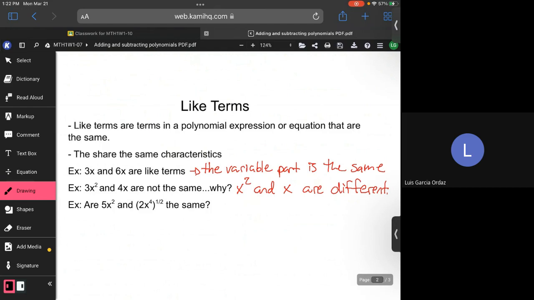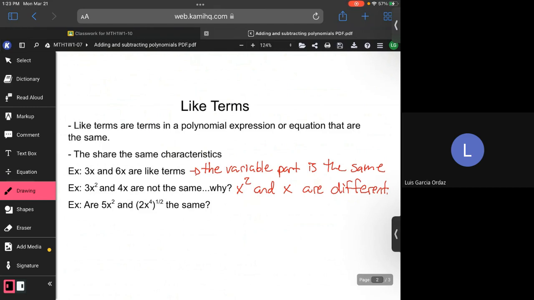Now, your exponent laws knowledge. Are 5x squared and 2x to the 4 to the power of 1/2, are they like terms? 5x squared and 2x to the power of 4, all to the power of 1/2.